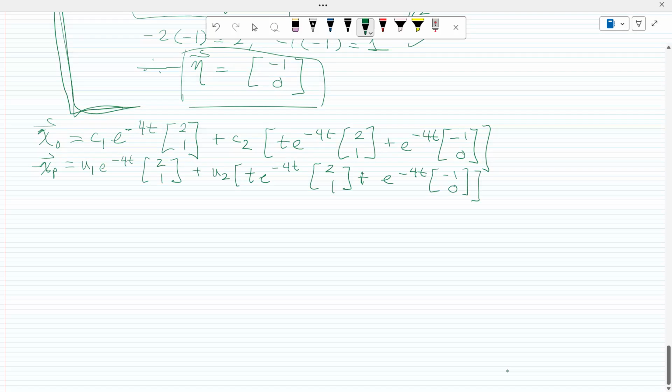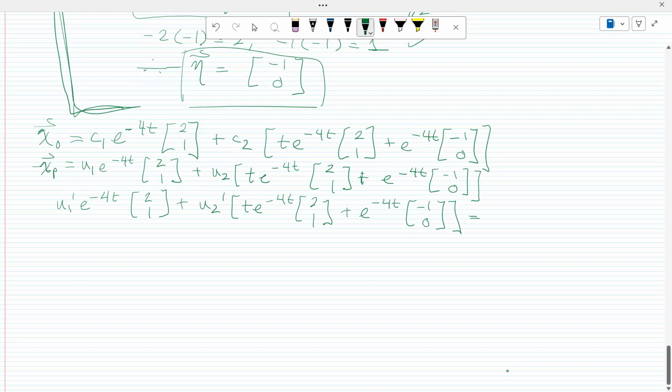And just like before, we have that u1 prime times e to the negative 4t (2, 1) plus u2 prime times t e to the negative 4t (2, 1) plus e to the negative 4t (-1, 0) is equal to our non-homogeneous extra part.